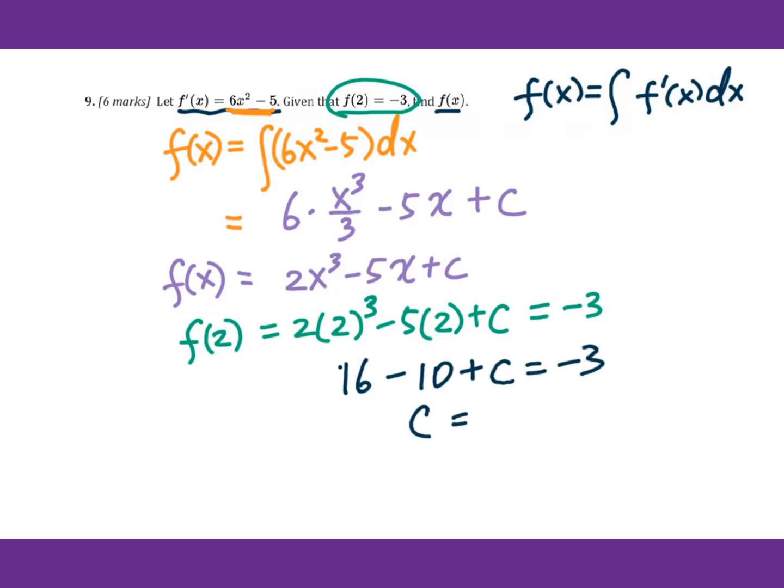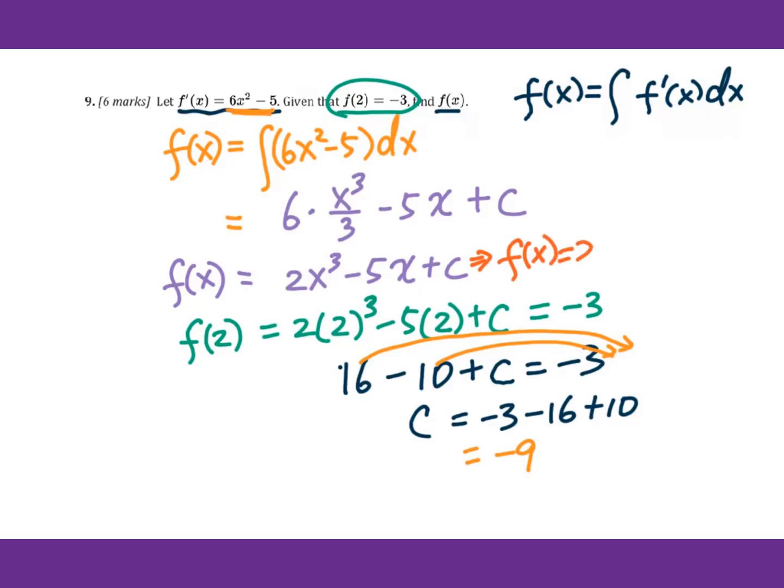So c equals negative 3 minus 16 plus 10. You just need to move all the constant numbers to the other side. Remember, you need to change the sign, so you get negative 9. In other words, f of x equals 2x to the third power minus 5x minus 9. That will be f of x.